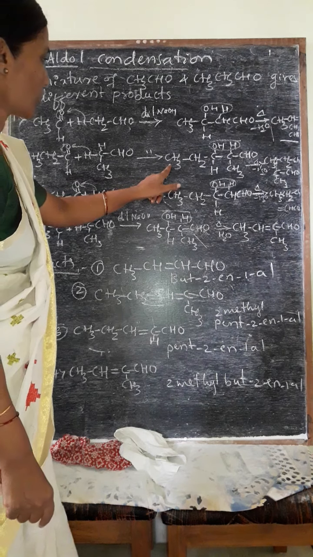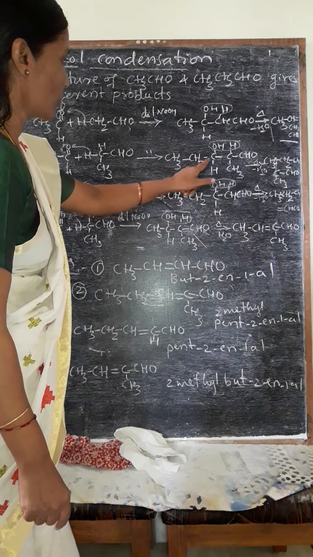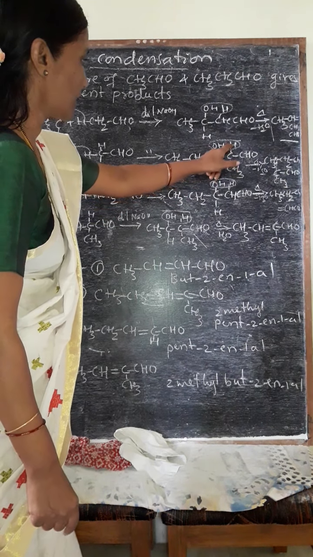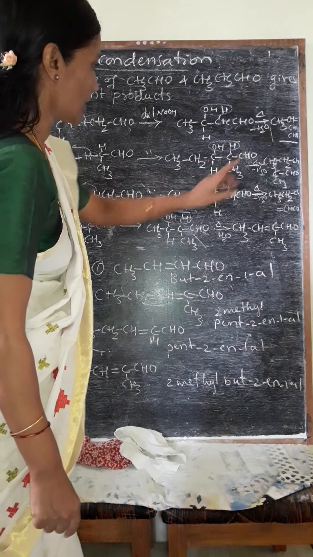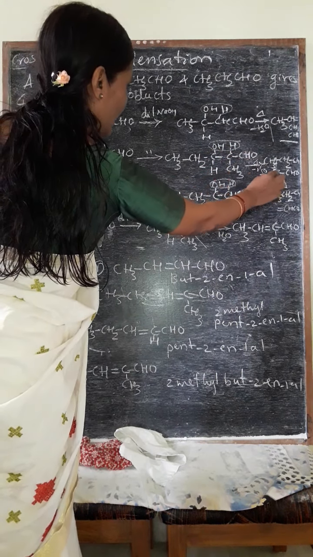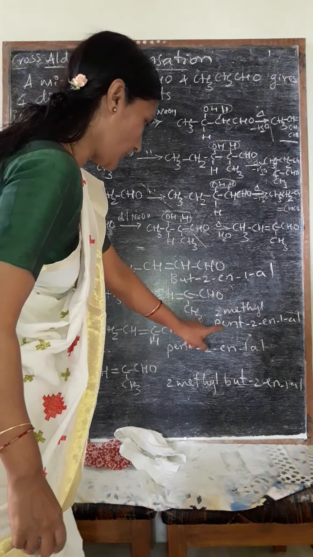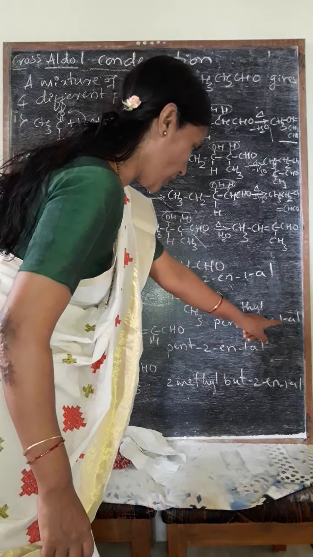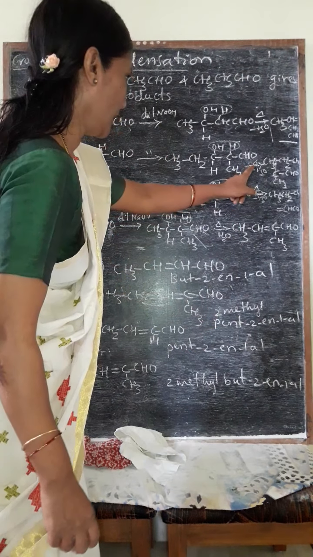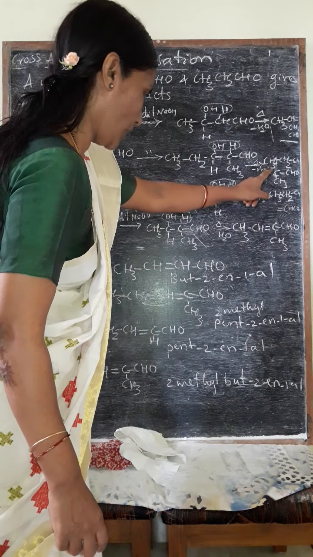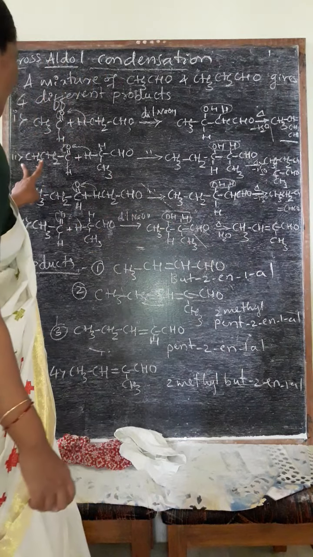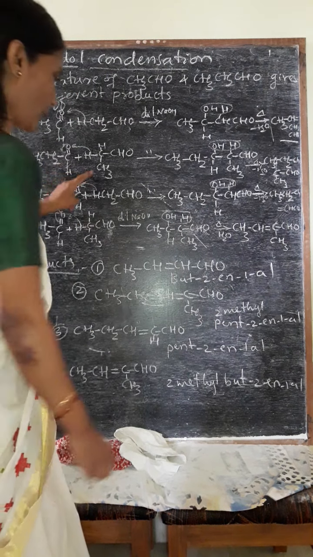So the aldol condensation product is CH3CH2CHOH CH(CH3)CHO. On warming, it gives the second product, 2-methylpent-2-en-1-al. When we use the same molecules of propanal, the product is 2-methylpent-2-en-1-al.